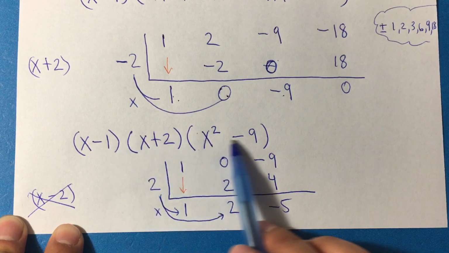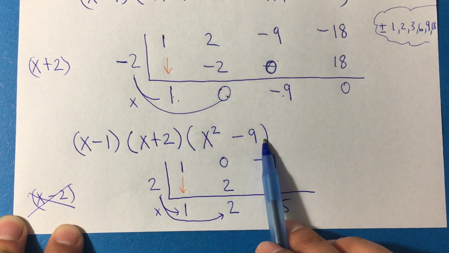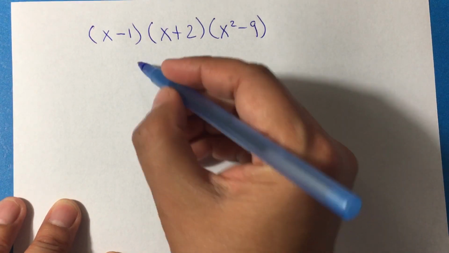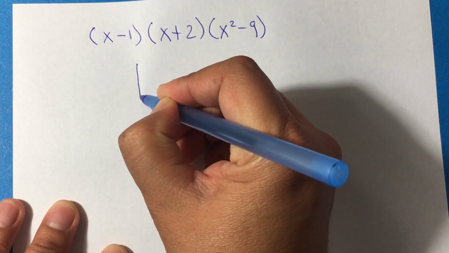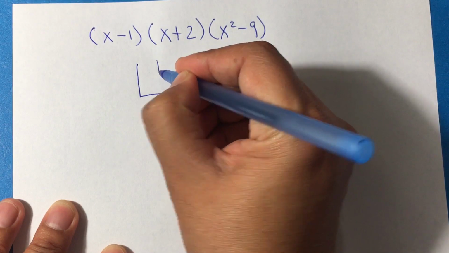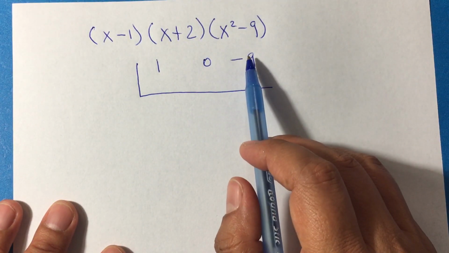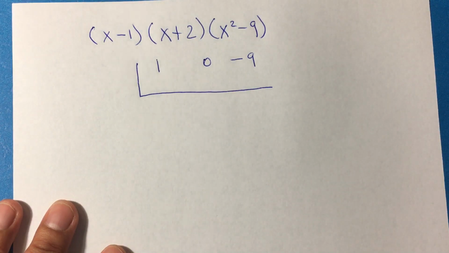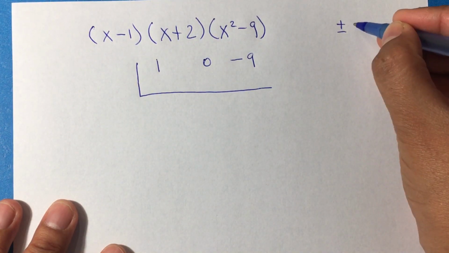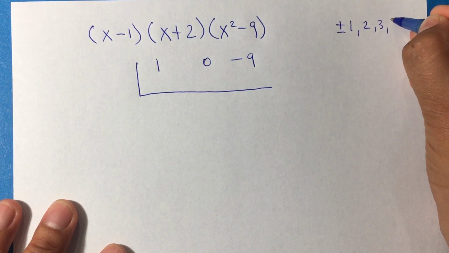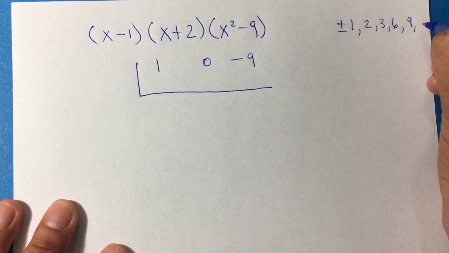So let me rewrite this again on another paper. Okay, so now that I have it here, it's 1, 0, -9. I already tried the x minus 2. The next one, let me rewrite those values: 1, 2, 3, 6, 9, 18.